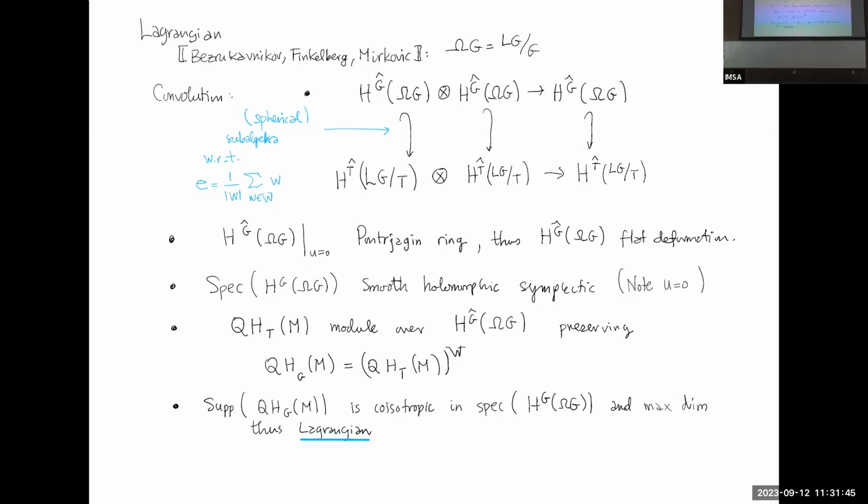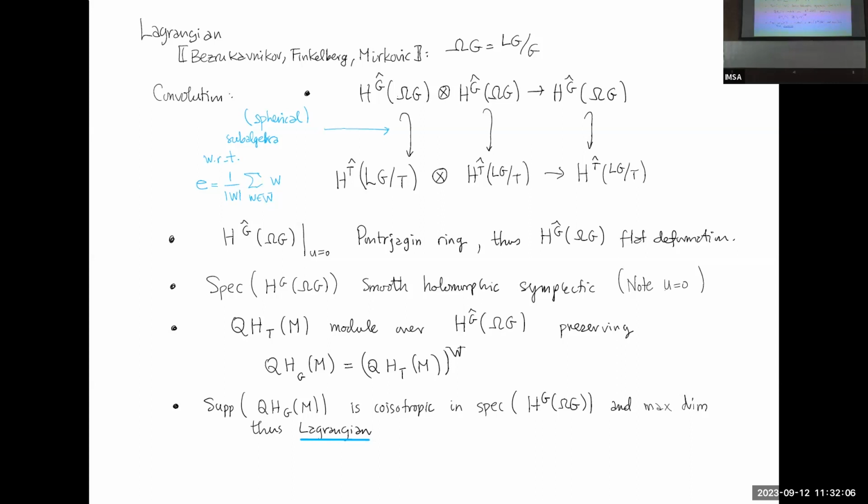And so that gives you a family of algebras, essentially. So this convolution product is some sort of a family over U, where U is this S1 equivariant parameter. And when U is equal to 0, then that corresponds to the Pontryagin ring.